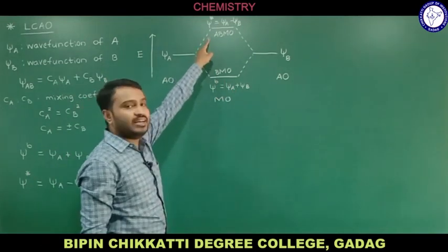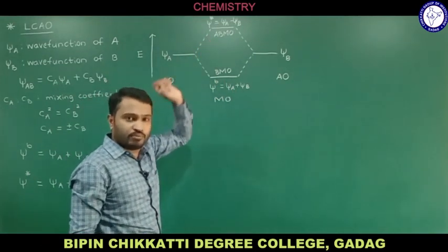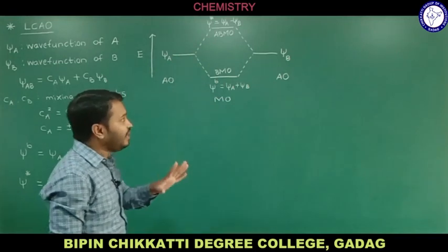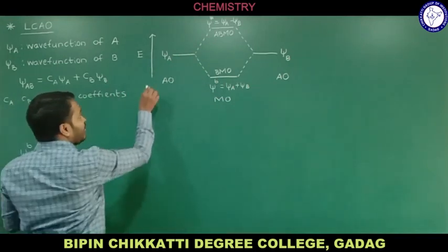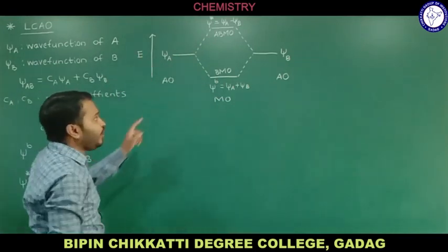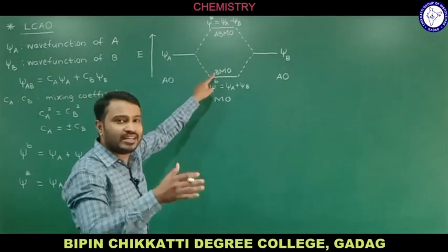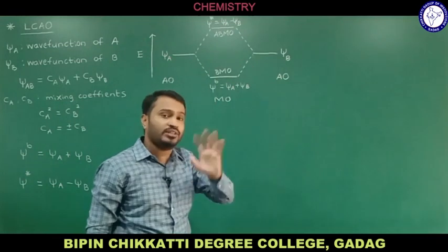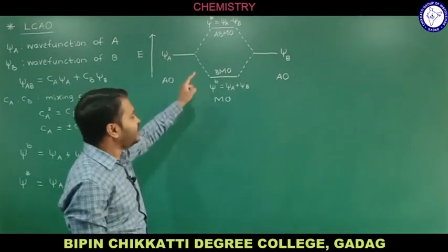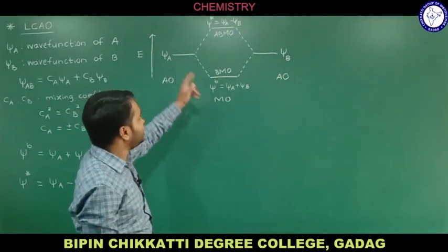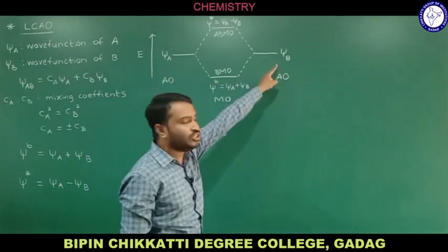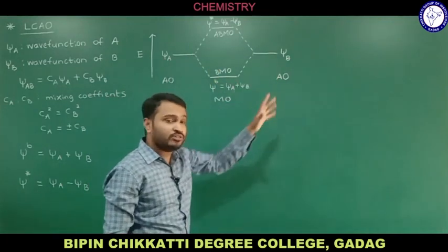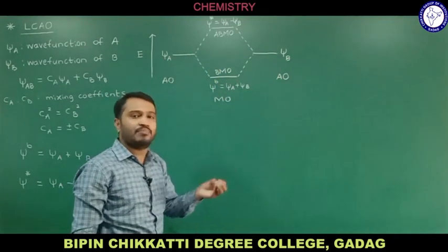ABMO is formed by subtraction, overlapping of atomic orbitals. And if you compare the energy, as I represented, energy will be in this fashion. So energy of BMO is less than the combining atomic orbitals. Know this concept. I repeat, energy of BMO will be less than the combining energies of atomic orbitals, and what I am going to say here is BMO is quite stable. Why?